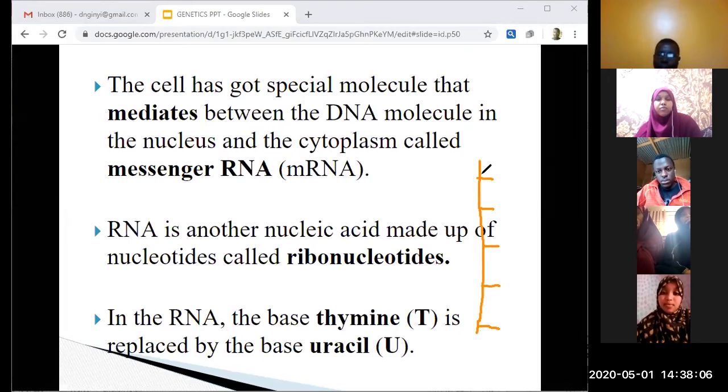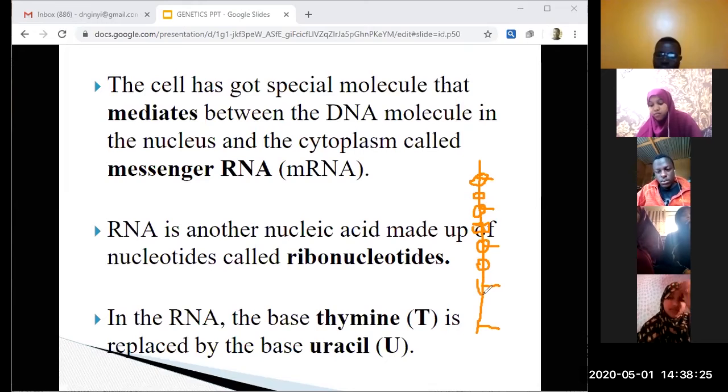So if you remember, allow me to use my simple diagram to illustrate that. I'm trying to put something on the backbone of the messenger RNA.